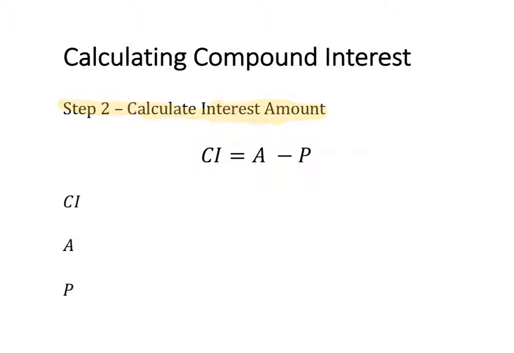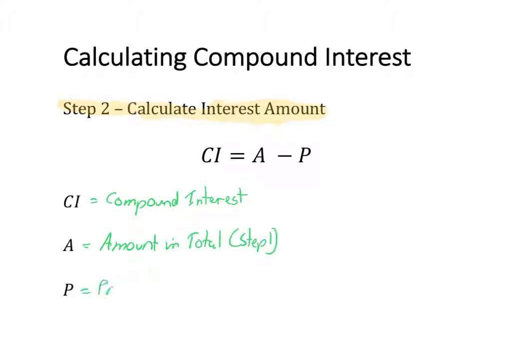And we use the formula CI is equal to A minus P. Now, in that formula, CI is compound interest, so the amount of interest that is actually being earned or actually being paid. A is the amount in total, and that's the amount we calculate in step 1. And P is the original principal amount. In completing those two steps, we'll be able to calculate the compound interest amount.